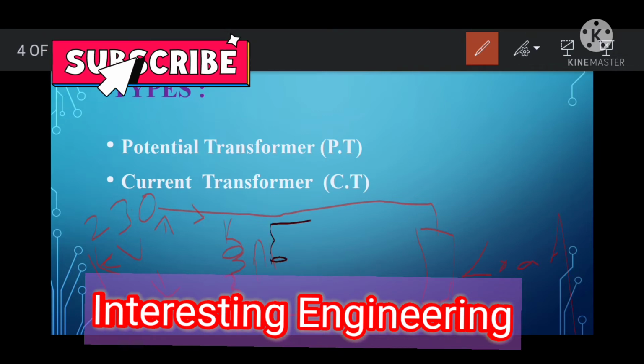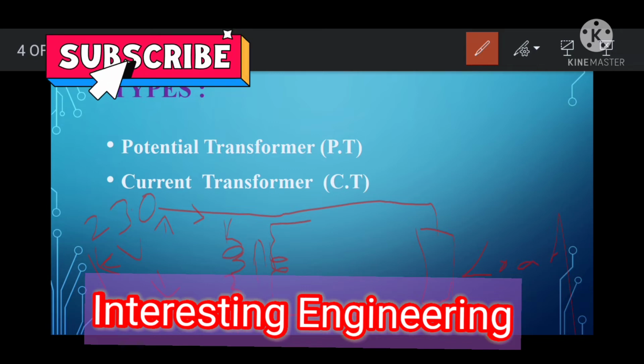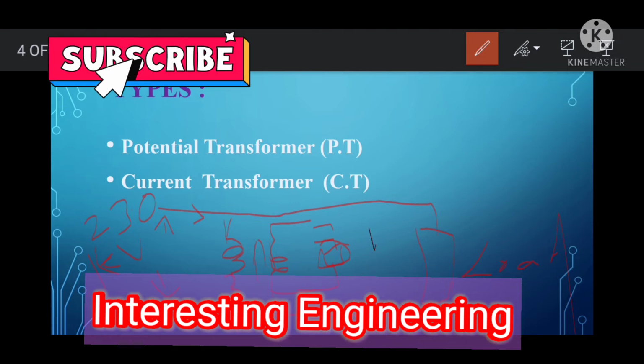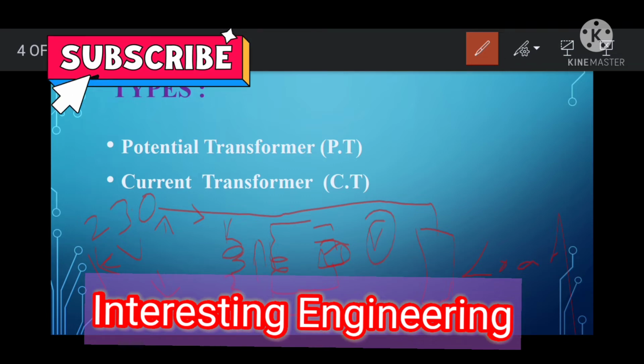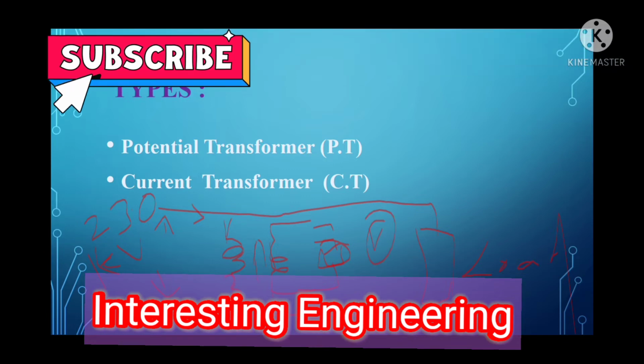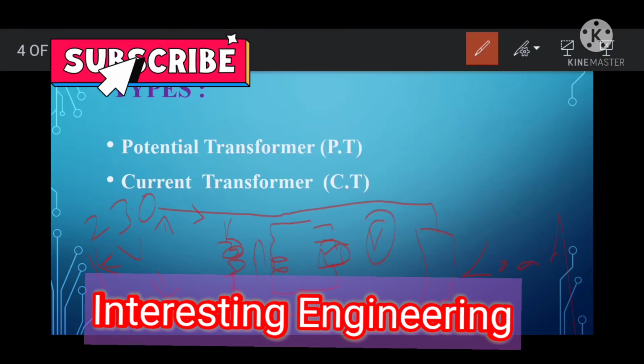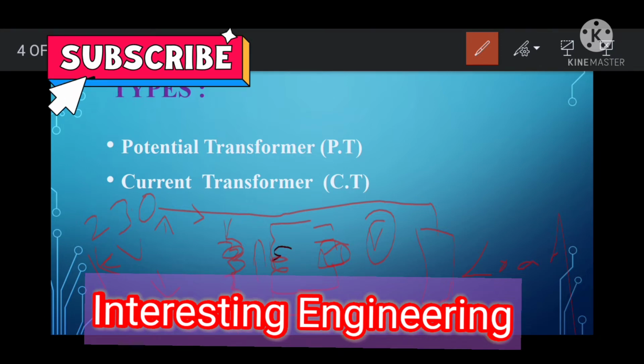Compared to the number of turns of primary winding, the number of turns of secondary winding will be less, and through the secondary winding we connect a voltmeter. So we have many turns of primary winding and a lesser number of turns of secondary winding, connected across the voltmeter.